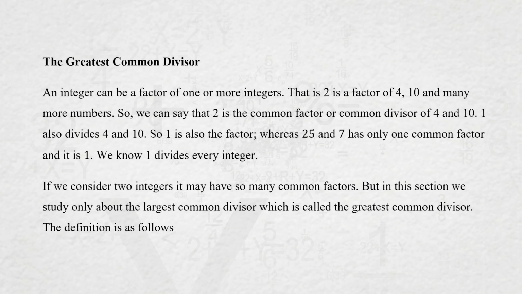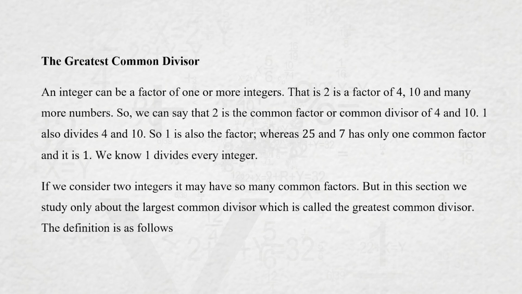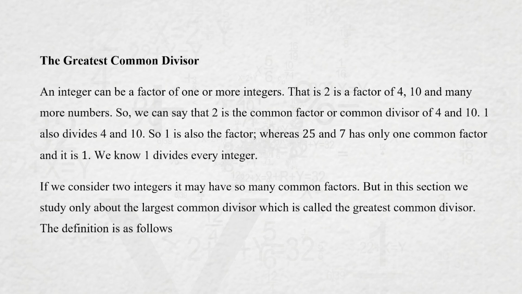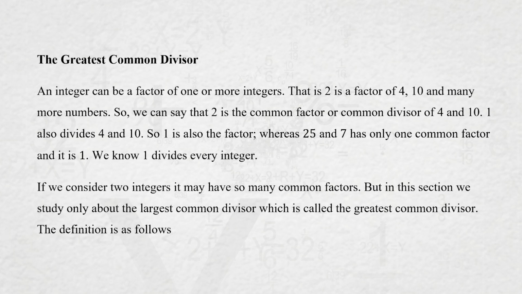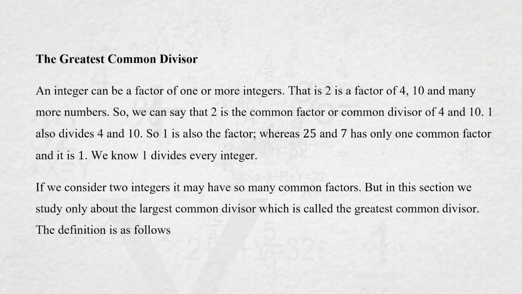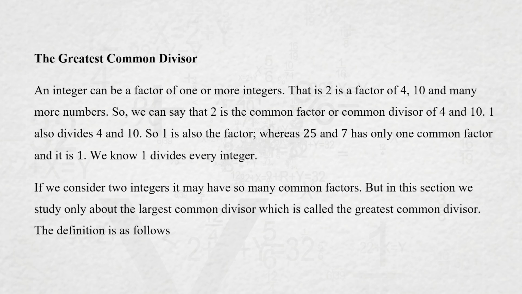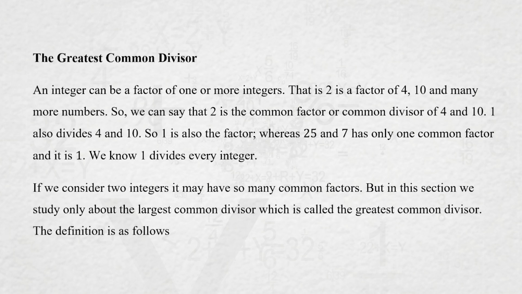We know 1 divides every integer. If we consider two integers, they may have many common factors, but in this section we study only the largest common divisor, which is called the greatest common divisor.